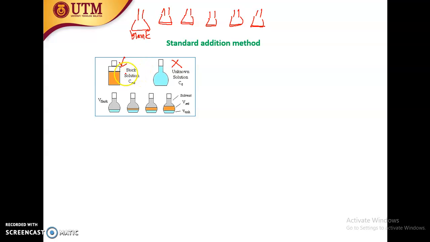Again, we want to add stock solution to make 1 ppm, 2 ppm, 3 ppm, and so on, right? So you put stock solution with increasing volume, because you are making concentration higher and higher. So we have 1 ppm, 2, 3, 4, 5 like usual, but this time it's x plus 1, x plus 2, x plus 3, x plus 4, and x plus 5.